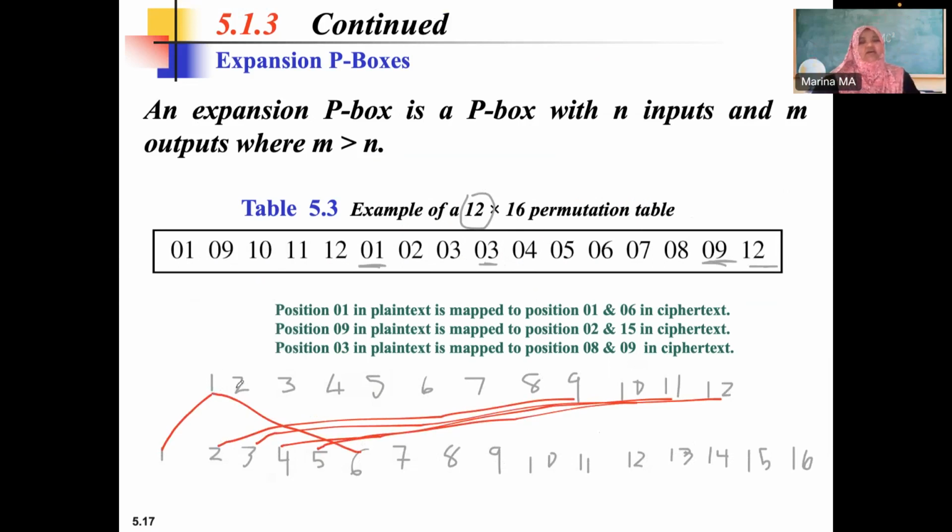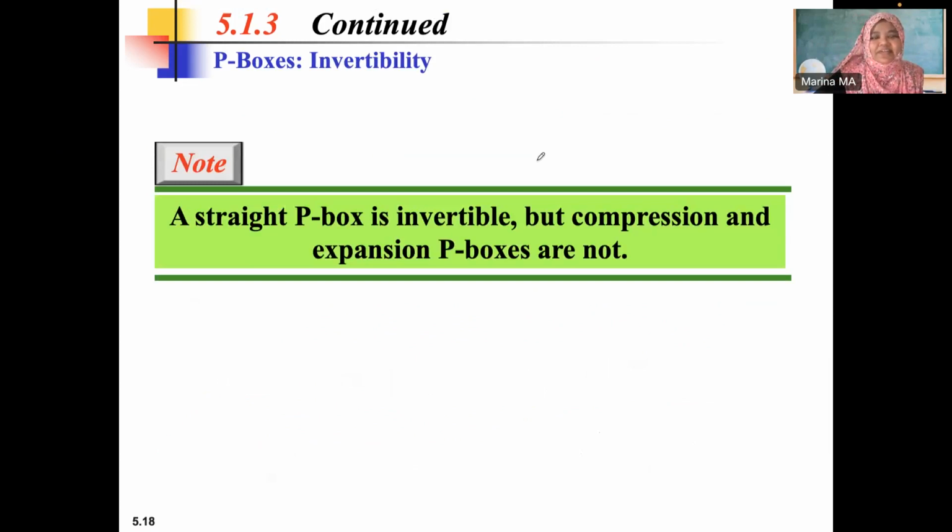Then second goes here, third goes here, but third also has 2 positions. So can you continue? Yes, you can.